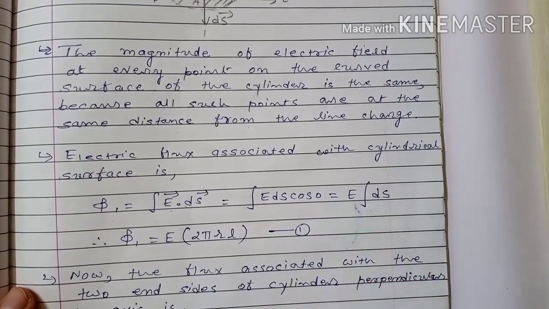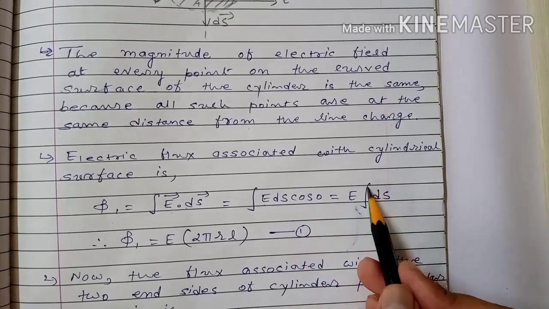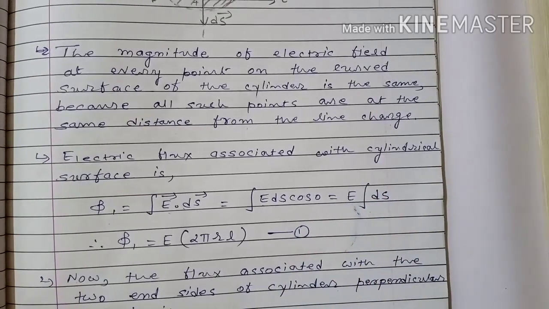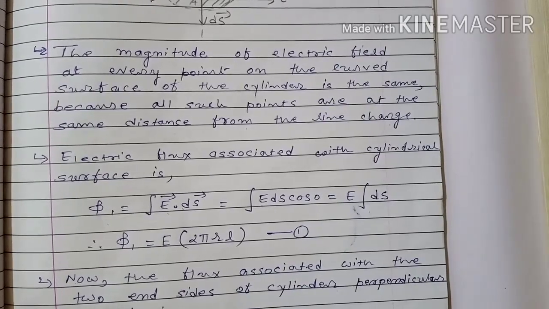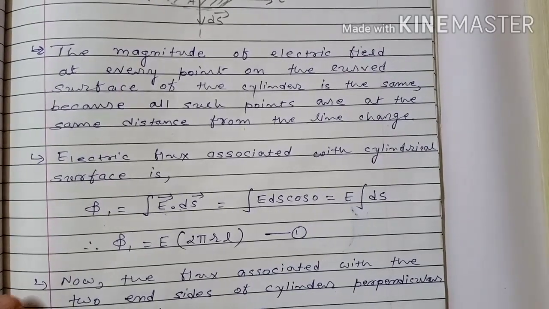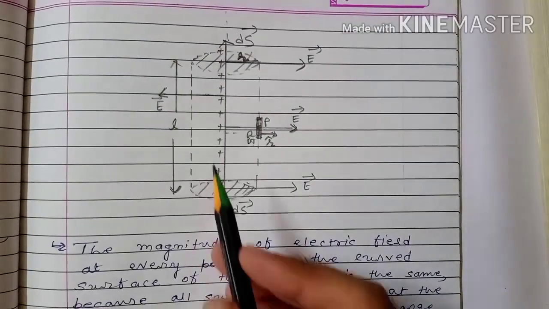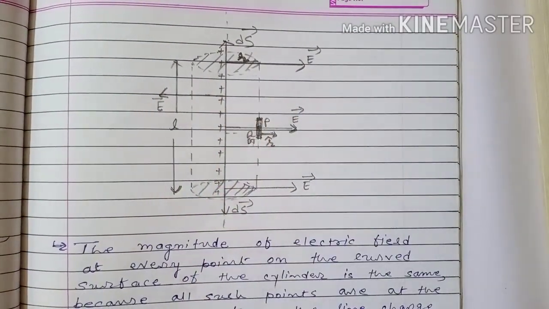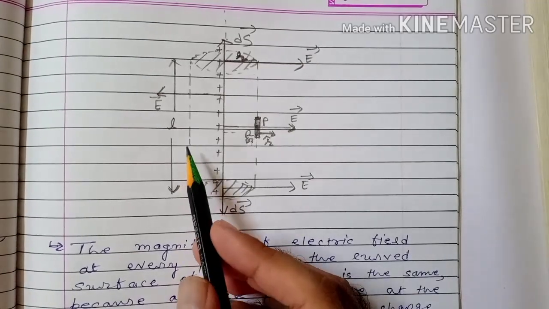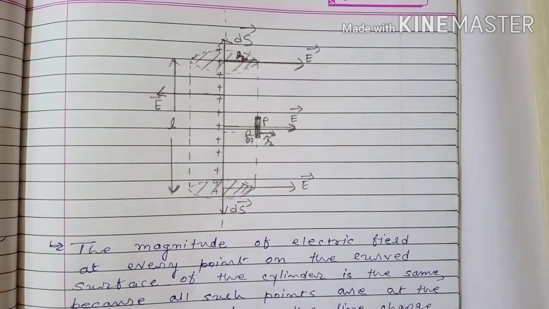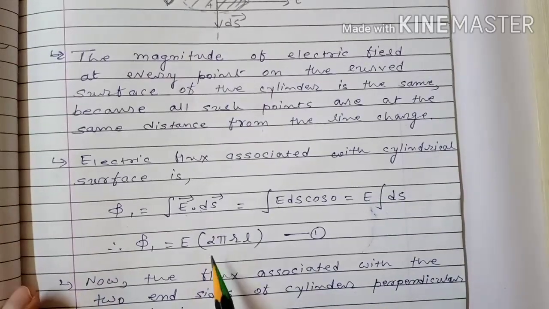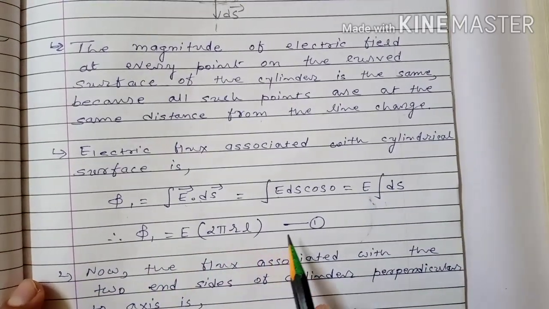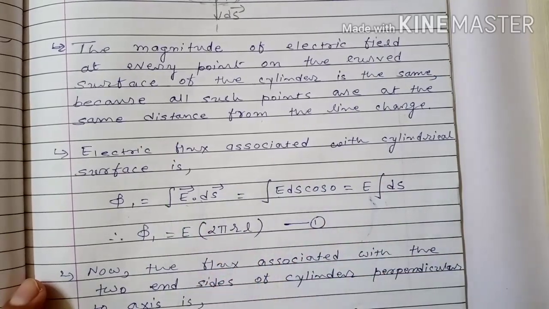E integration ds, the integration of this small area, will give the total area of the curved part of the cylinder, which is nothing but 2 pi RL. So the flux associated with the cylindrical surface is 2 pi RL into E.